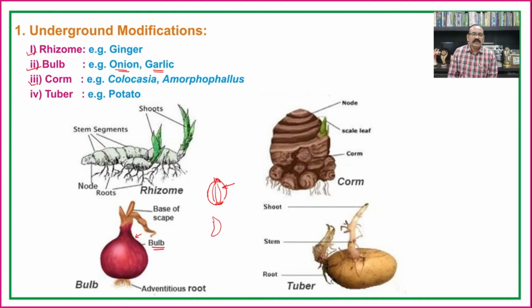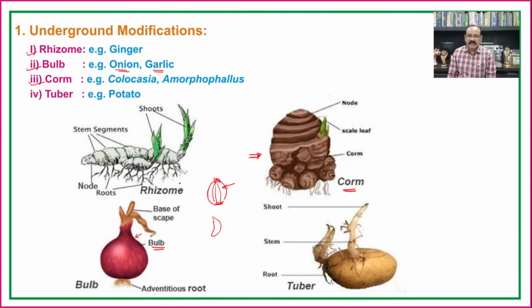In case of the corms, it is a condensed form of the rhizome growing in vertical direction. If you see this diagram, then you will be able to understand the vertical arrangement of this underground stem. It is more or less spherical with a flattened base.